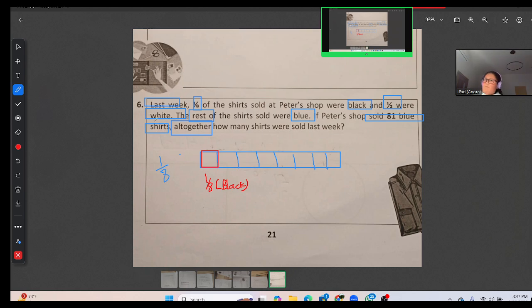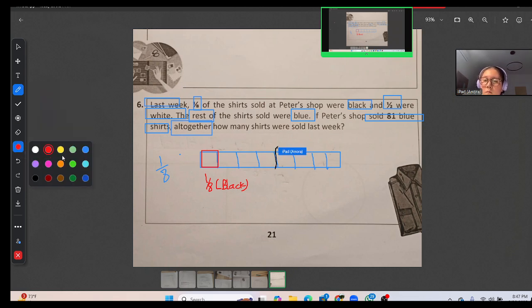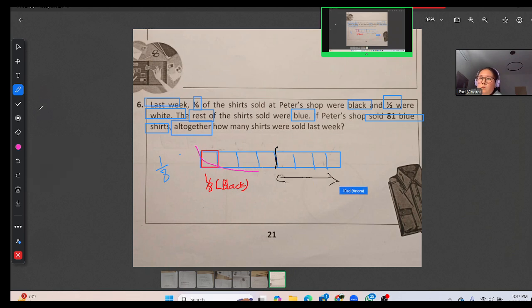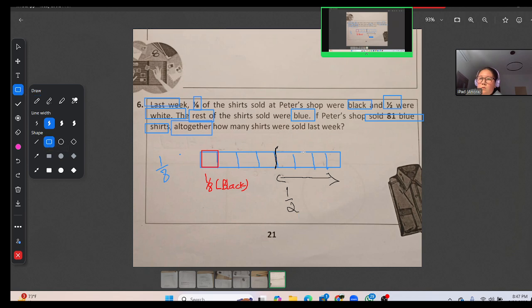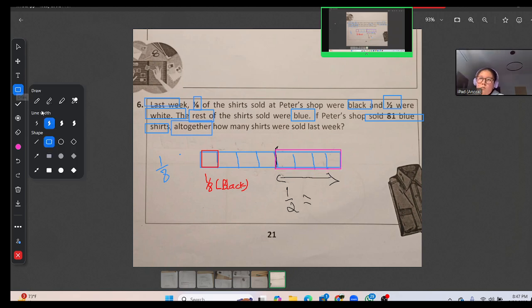Then it says one half were white. One half means half of the whole, right? So the white you can represent with exactly this much.